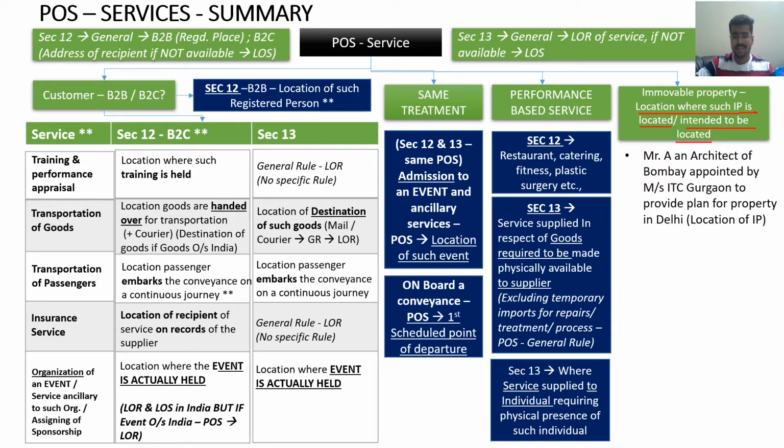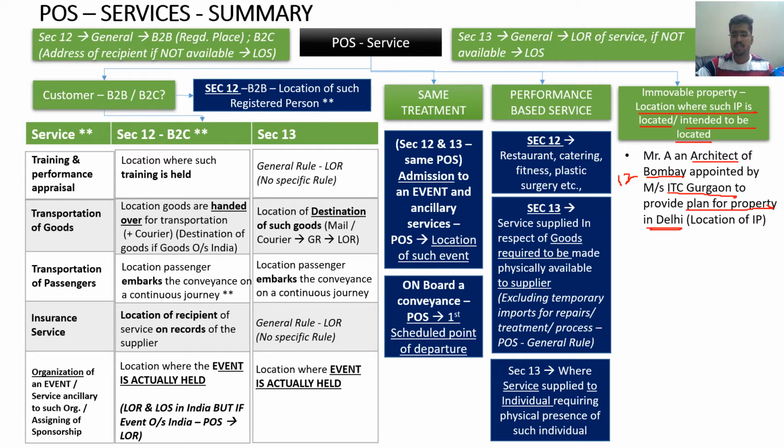So now let's say an example. Mr. A, an architect of Bombay, is appointed by Messrs. ITC Gurgaon. So both of them are in India. You go to which section, my friends? Section 12. To provide a plan for a property in Delhi. So he is an architect, and they are asking him for an architect plan for a property in Delhi, right?